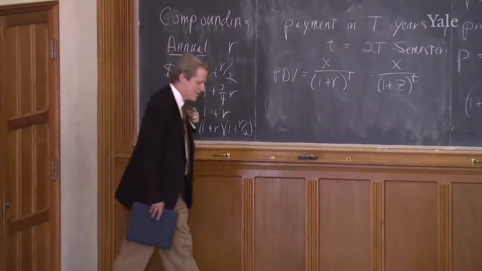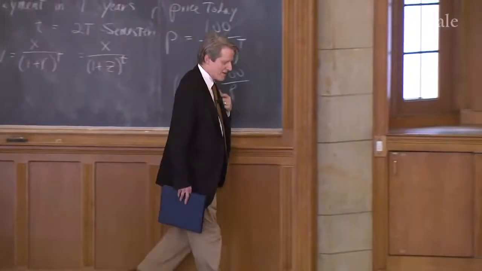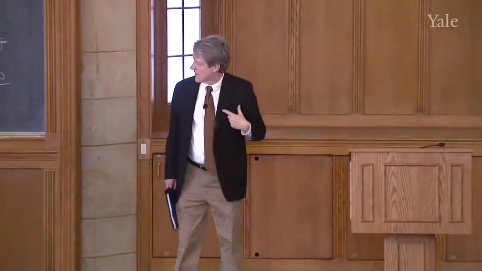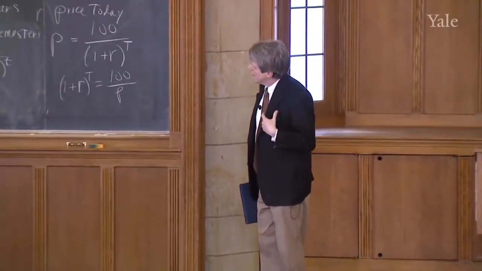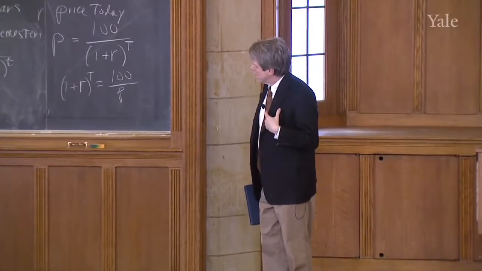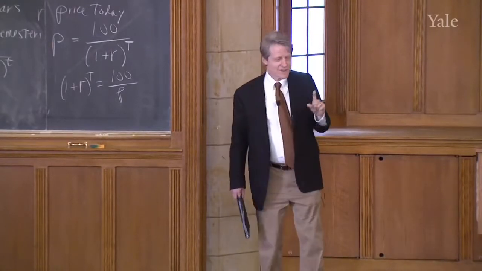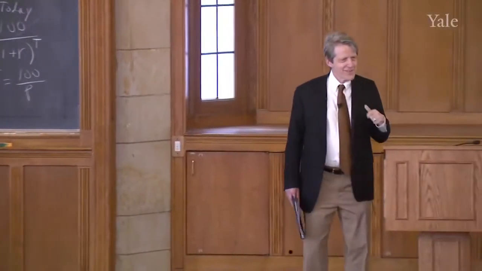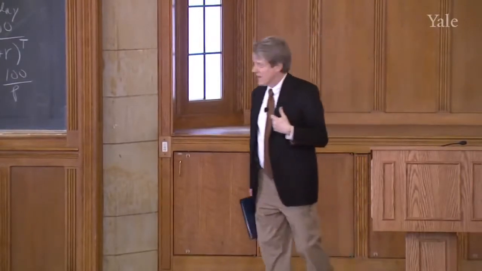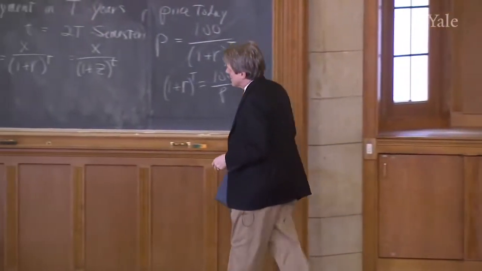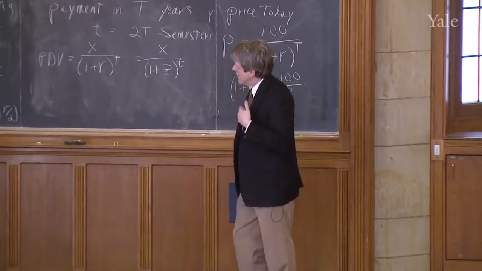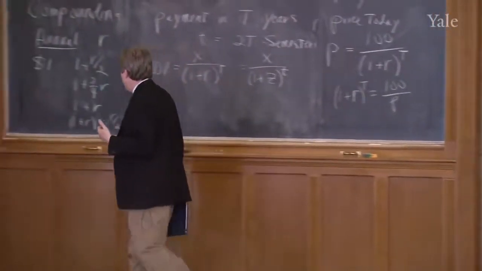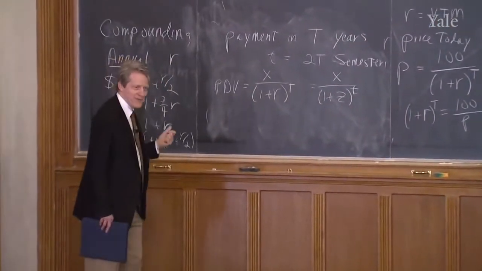So whenever we ask a question about present values, we'll have to make clear what compounding interval we're talking about. By the way, there's also, I shouldn't say by the way, it's fundamental, there's also continuous compounding. I talked about compounding annually or twice a year. I can do it 4 times a year.